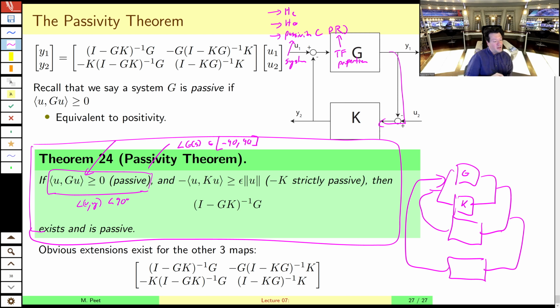Then, if you interconnect these two systems, there's a little bit of technical results. So first of all, this result is from Desoer and Vidyasagar.